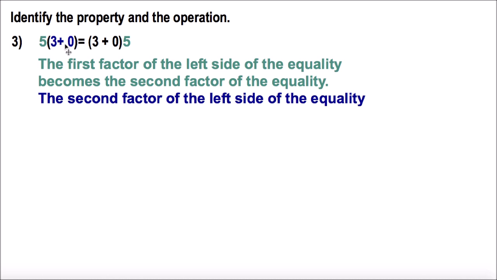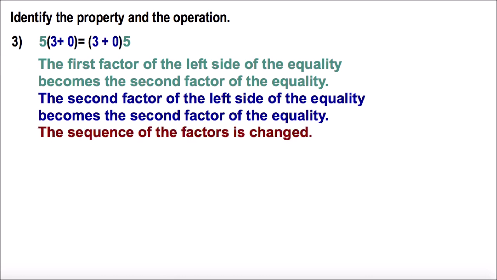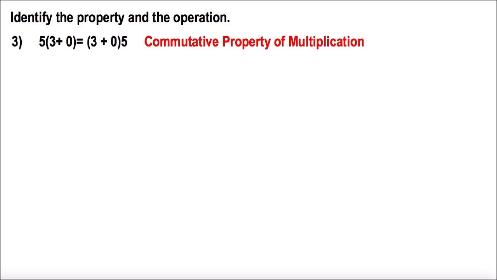The second factor of the left side of the equality, or the quantity 3 plus 0, becomes the first factor of the equality on the left side. The sequence of the factors is changed, and thus this is the commutative property of multiplication.